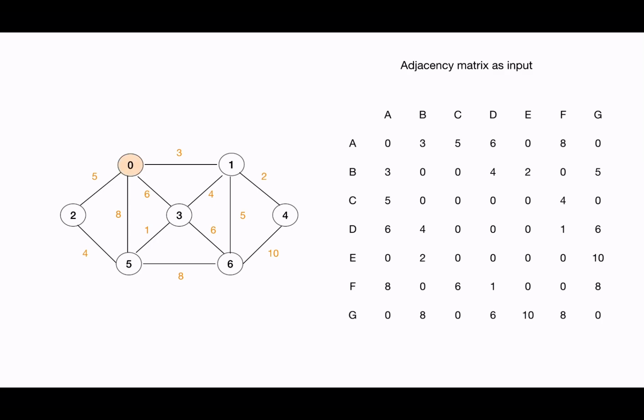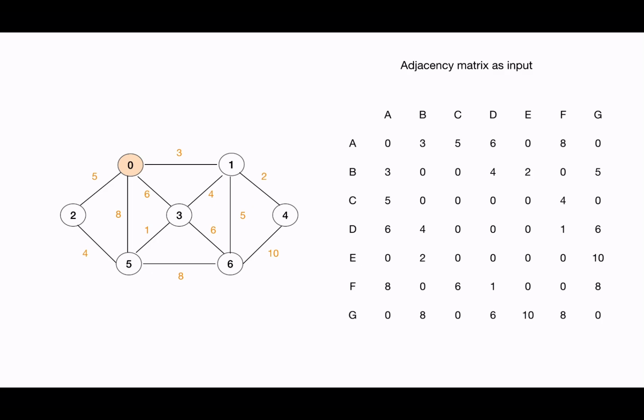As you can see here, in this table, the A to A distance is 0, the A to B distance is 3, the A to C distance is 5, the A to F distance is 8, the B to A distance is 3, and so on. So this matrix has all the distances.